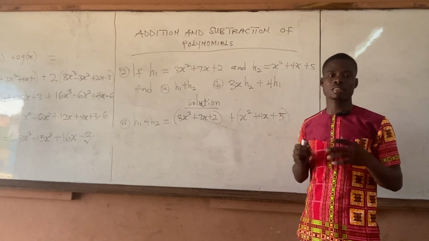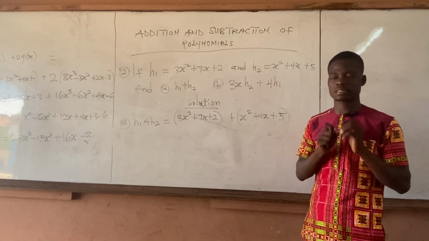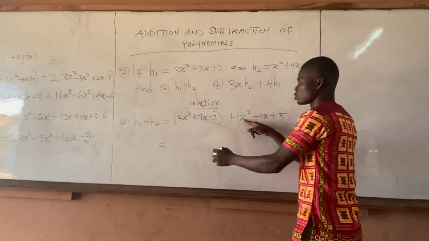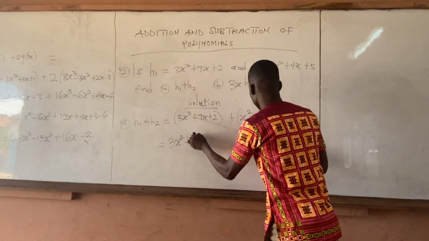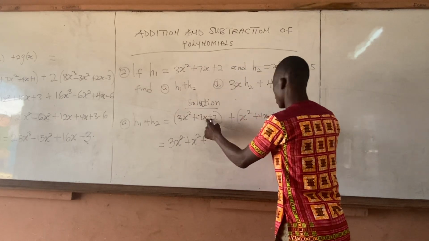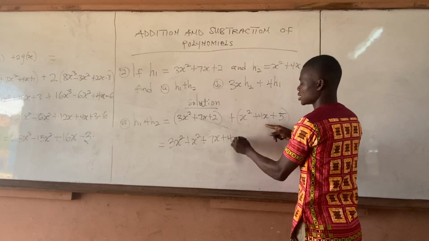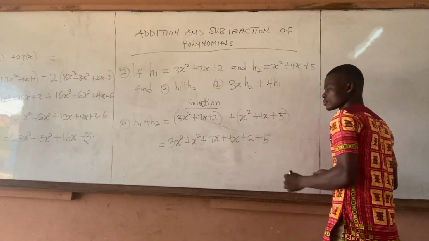After this, take your time and group like terms by using the exponents or the powers. So now we are going to get the power 2, 3s squared plus s squared, power 1, 7x plus 4x, constants 2 plus 5.